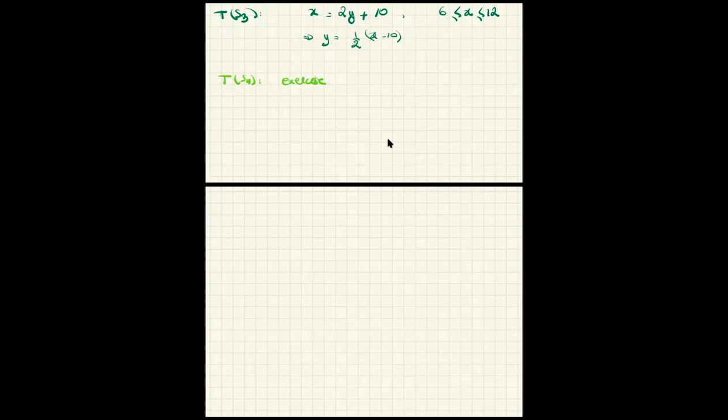Okay. So now let's go back to the original goal, which is to see how the change of variables affects the integral.